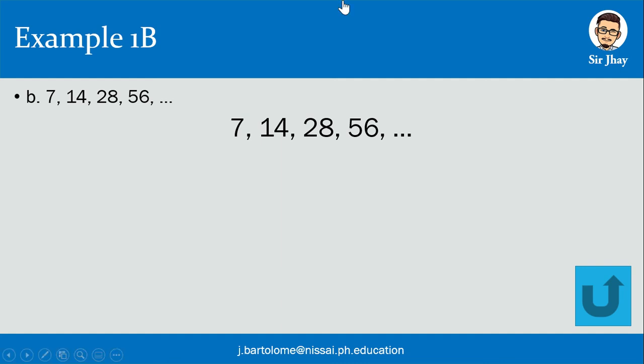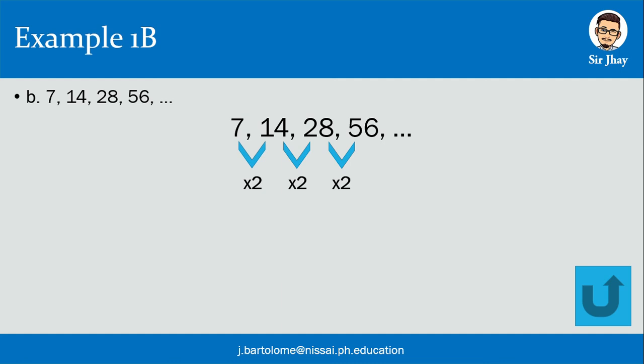Now, what is the pattern? The pattern is that each term is multiplied by 2. So 7 times 2 gives you 14, 14 times 2 gives you 28, and 28 times 2 gives you 56.